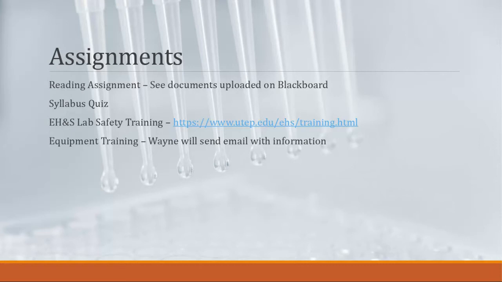Equipment training is something that Wayne will send out information about once we get the online confirmation of when labs can be utilized for equipment training. So that now concludes the presentation for week 1.